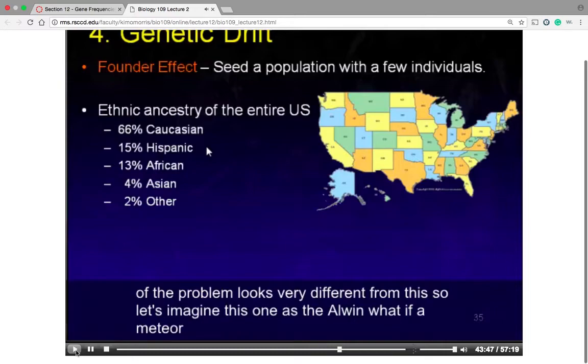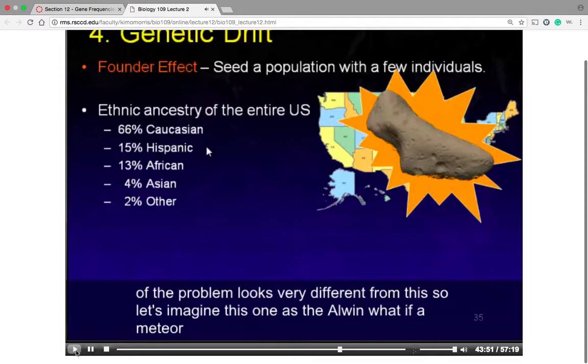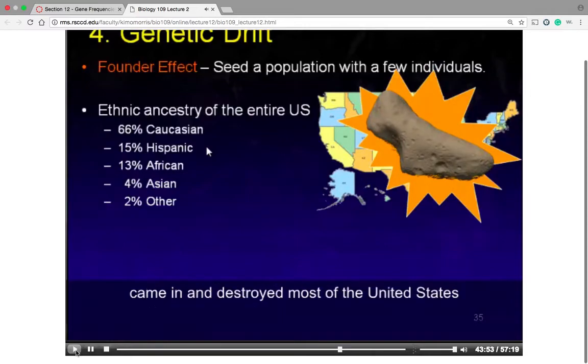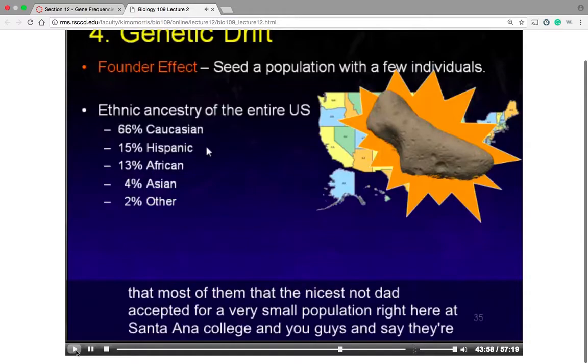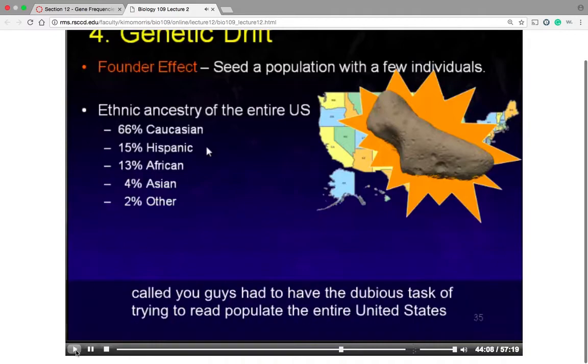So let's imagine this. What if a meteor came and destroyed most of the United States? Okay, most of the United States is now dead, except for a very small population right here at Santa Ana College. And you guys at Santa Ana College had the dubious task of trying to repopulate the entire United States.